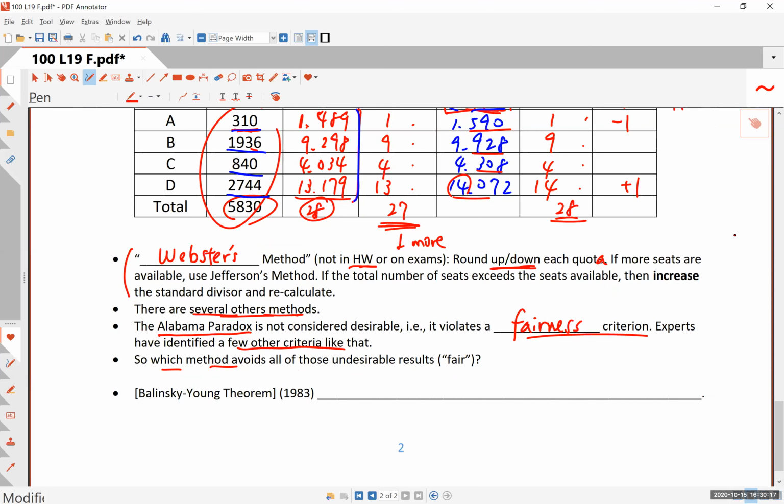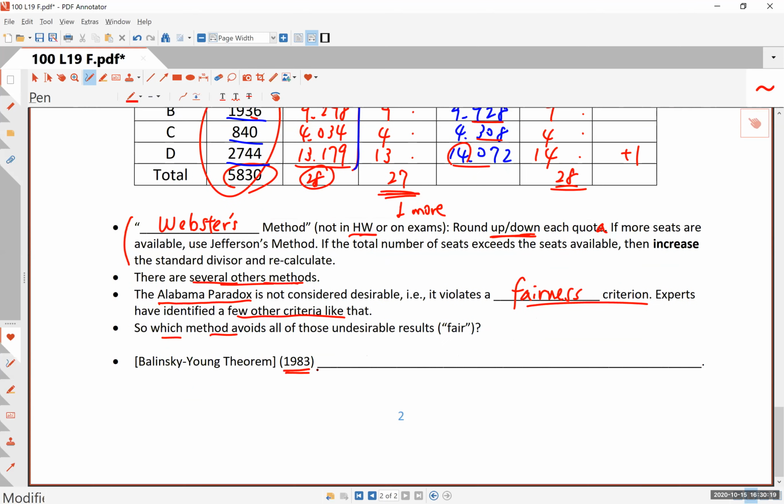Well, the answer, you have to wait until fairly recently, 1983. Okay. Balinski and Young are the two economists, political scientists, who were studying this very problem. And they looked at Webster's method, Hamilton's method, which was already a problem because it creates the Alabama paradox, Jefferson's method, and everything else.